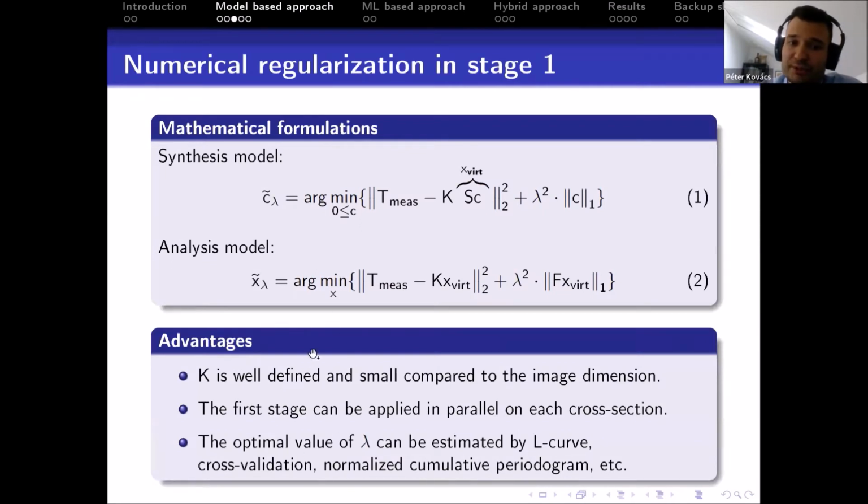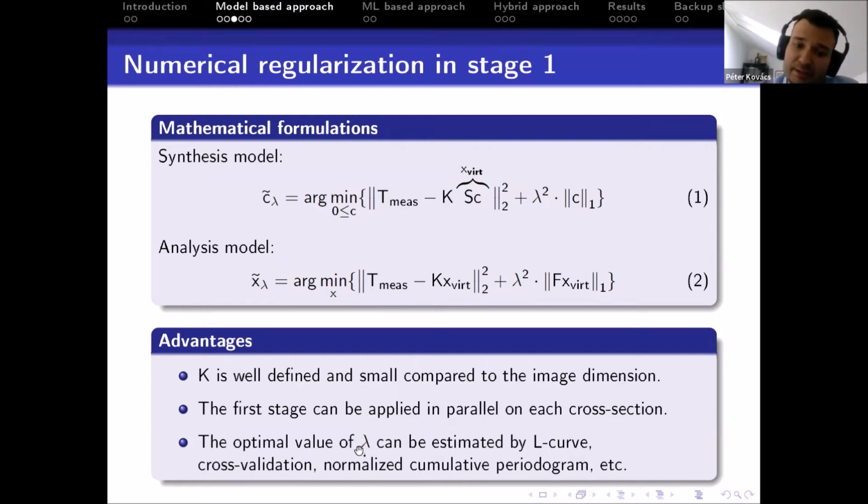These are the main advantages of the first stage. Due to the smaller size of the K matrix, we can also perform singular value decomposition and estimate the optimal value of the regularization parameter. Here you can see lambda, which controls the trade-off between under- and over-regularization. The value of lambda should be provided by the user, and it depends heavily on the estimated noise level in the measurements.